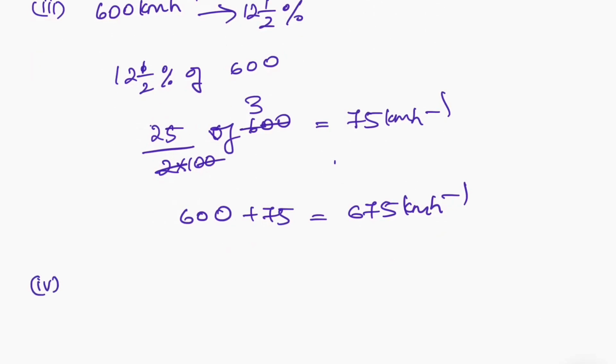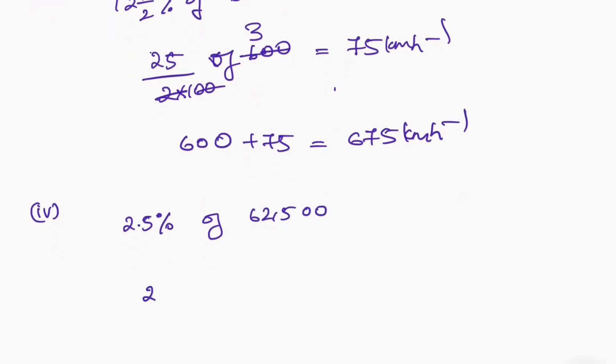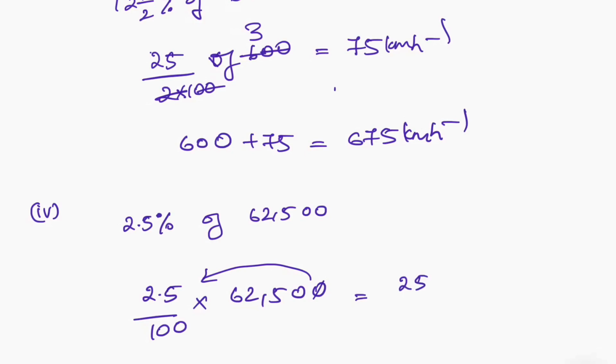Coming to the fourth sub question, there is a 2.5% increase in the salary of 62,500. So let's do that. 2.5 by 100 into 62,500. If I multiply and cancel, the decimal point becomes 25 into 6250 by 100.